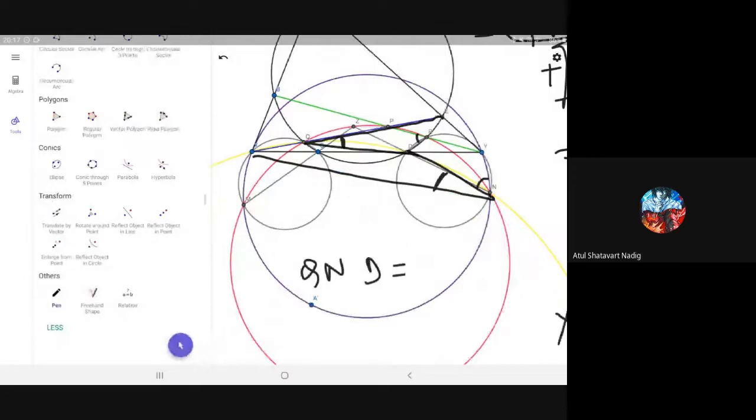Okay, sorry. For this one, we'll be dealing with the other side. Sorry. So you have angle QND, right? That is equal to angle, okay, I messed up the angle here.